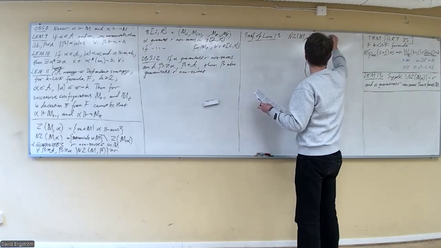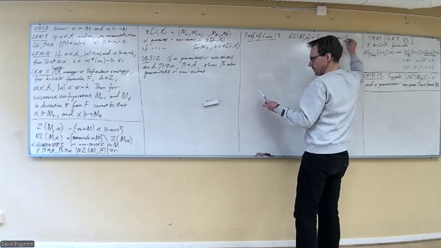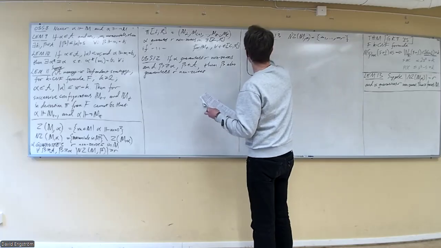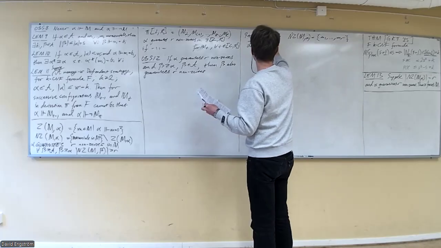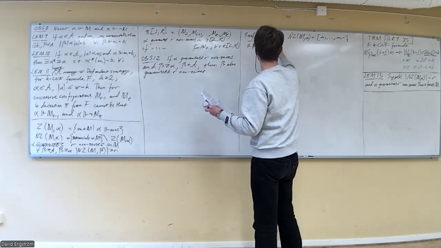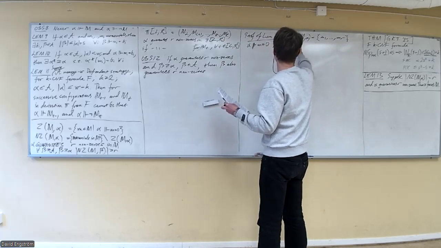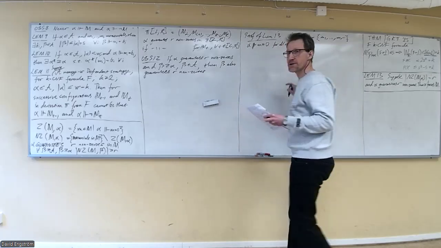Let me give them names, m1 up to mr. Alpha forces m to 0 for all other monomials in the configuration, right?